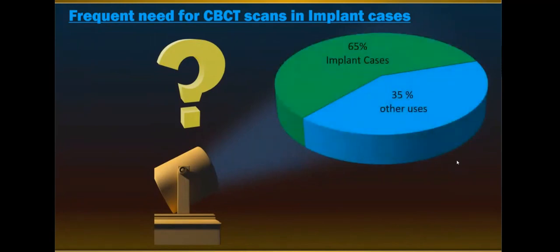Actually, 65% of cases referred for CBCT are for implant site analysis, while 35% is shared by all the other purposes, like checking for impacted teeth, root canal treated teeth, orthodontic reasons, perio, and all of this stuff. So CBCT is very important for implant cases, and we are going to demonstrate now the applications of CBCT in our lecture today.